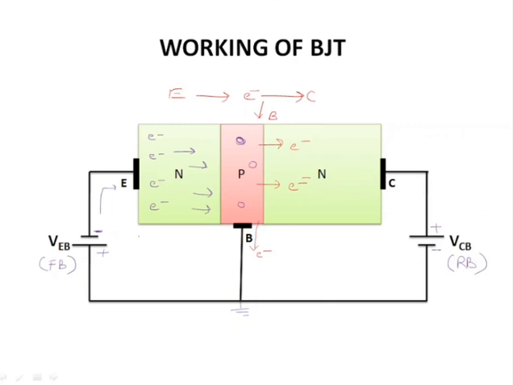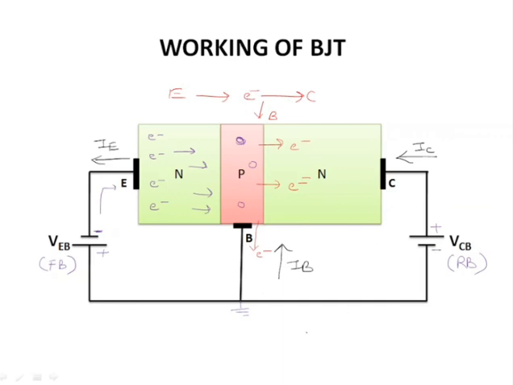Now we know that the conventional current direction is opposite to the flow of electrons. So what will be the direction of these three types of current? Collector current will move this side, IC, base current will move this side, IB, and emitter current direction will be this. So now can you relate this to the direction we saw in the previous slide?